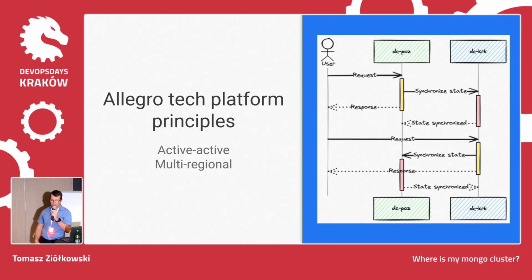And so it means that the context and all data connected with the user session have to be replicated between data centers to provide the user a consistent view of the platform.